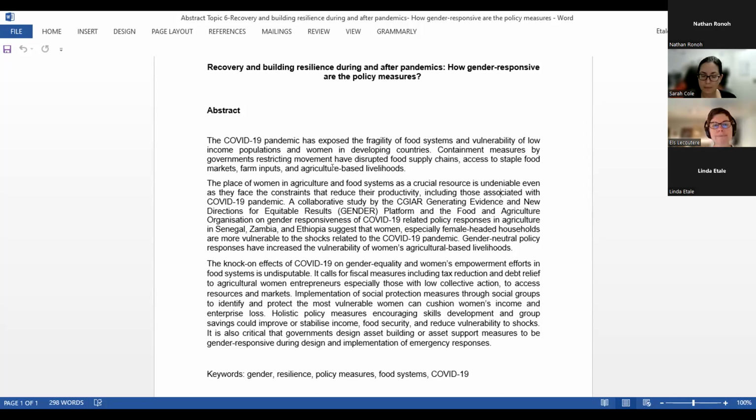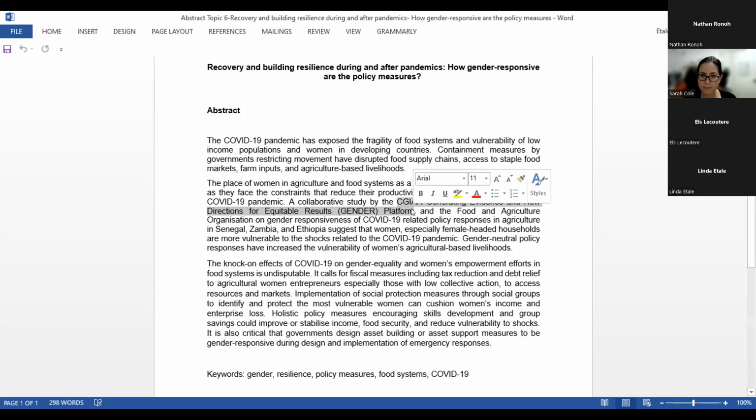I was not too sure about adding if this kind of information is necessary in the abstract. So now I know at least. I think Els, you said that maybe I can start with the study objective. So I'm seeing at least some ways that I can change it so that it's more succinct and able to capture the attention.